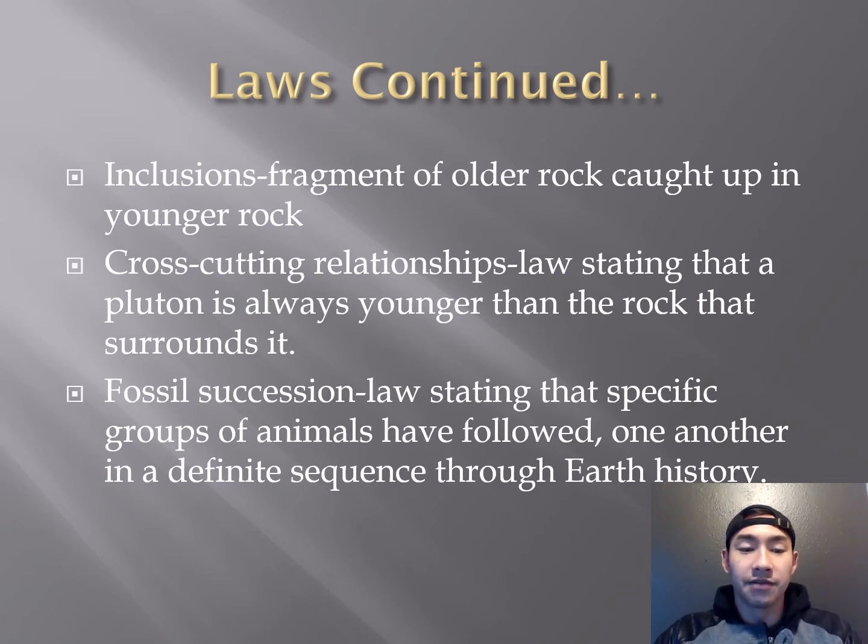So if we have a fossil of a dinosaur versus a fossil of an early human, we know that dinosaurs were much earlier than early humans. So if we were to find a dinosaur fossil at the surface and an early human fossil a little bit deeper, we know that something must have happened that would cause these two positions to flip.